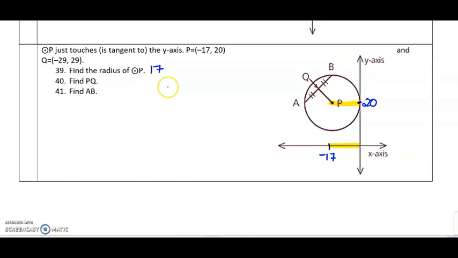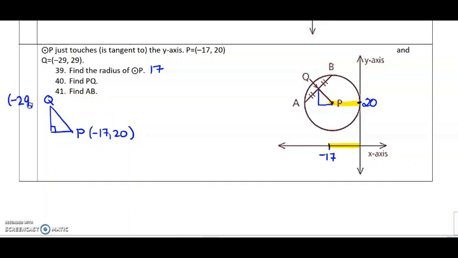To find PQ, we're going to use the distance formula, or we could use the Pythagorean theorem. If I'm dropping down a vertical and a horizontal, P is -17, 20.